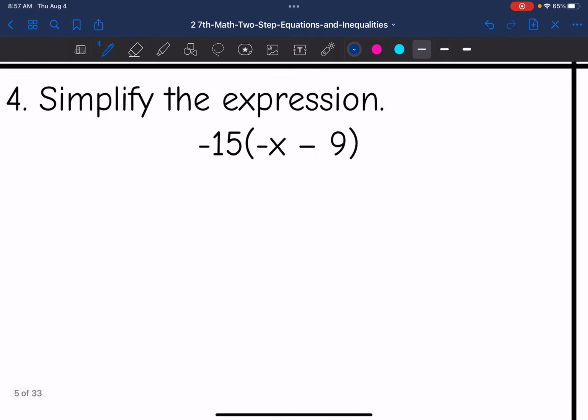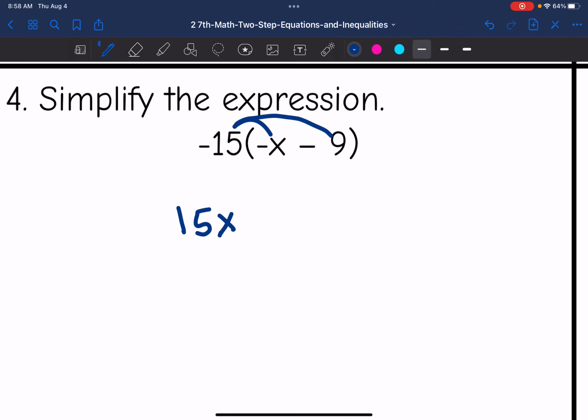Number 4, we need to be very careful with the signs here. Remember, a negative times a negative is a positive. So when I distribute this negative number to negatives, I'm going to end up with positives. So negative 15 times negative x is going to be positive because we have a negative times a negative, and then 15 times x is 15x.